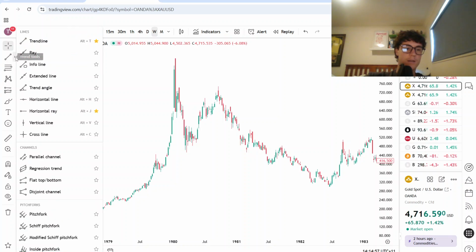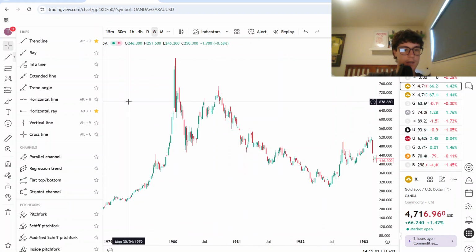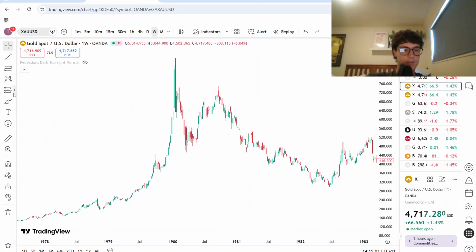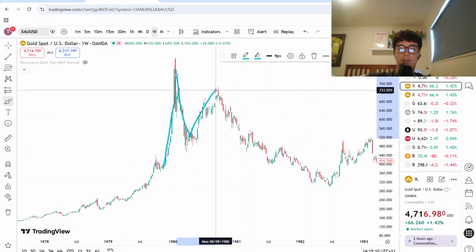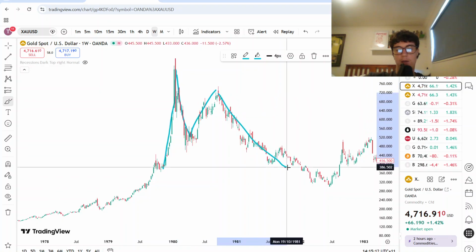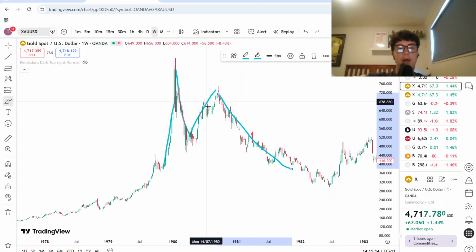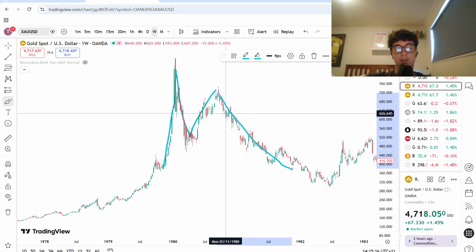And as we can see, let's see if there's a tool that goes zigzaggy. I'm sure there is, we can just draw it. Gold goes up, comes down, comes up again, makes a smaller high, a lower high, and trickles down as we go into a recession in the early 1980s.